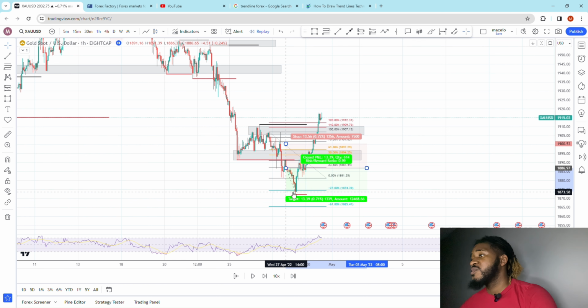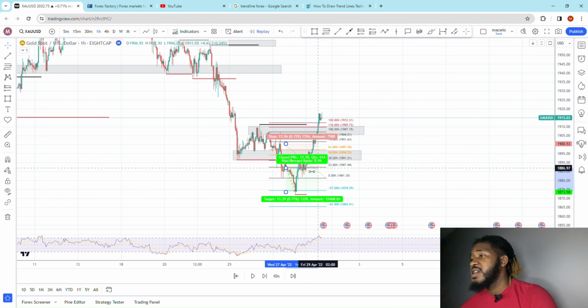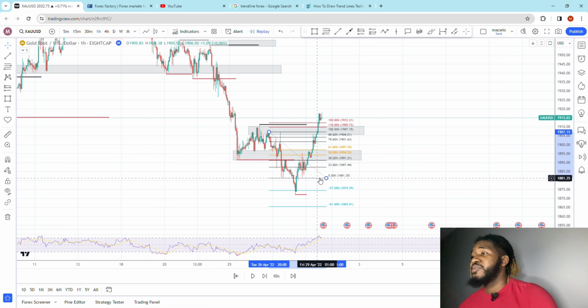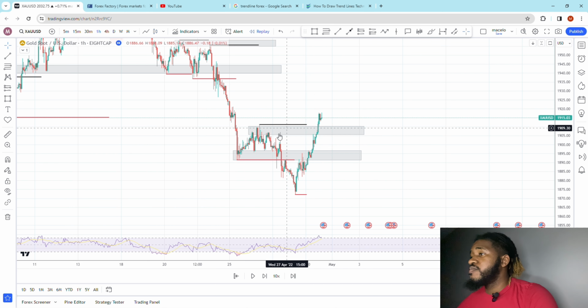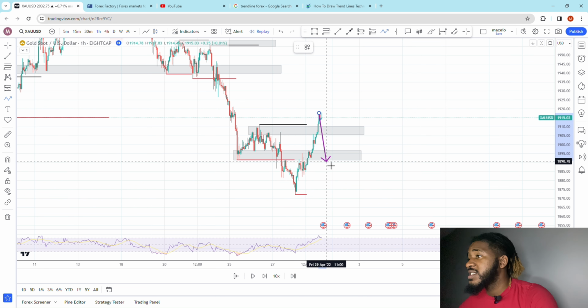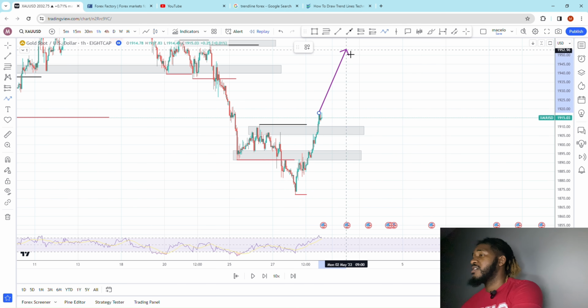It wasn't a good risk to reward, it would have been like a 1-to-1. If you guys like 1-to-1s, but it played out beautifully. Now we also understand price came, retested, dropped, pushed all the way back up here. So we can now anticipate to see if price wants to retest this, or even come back as low as this before going higher.